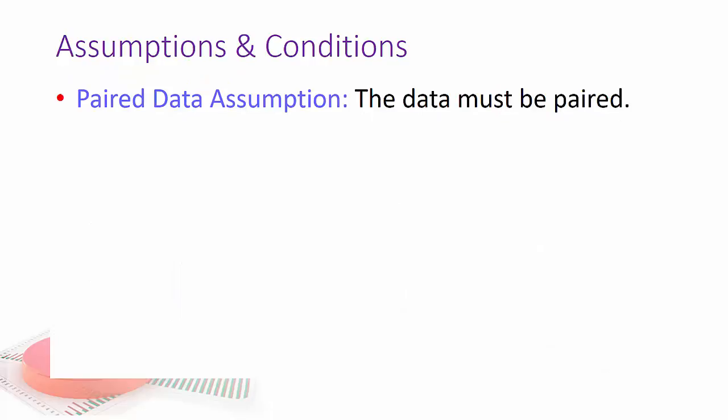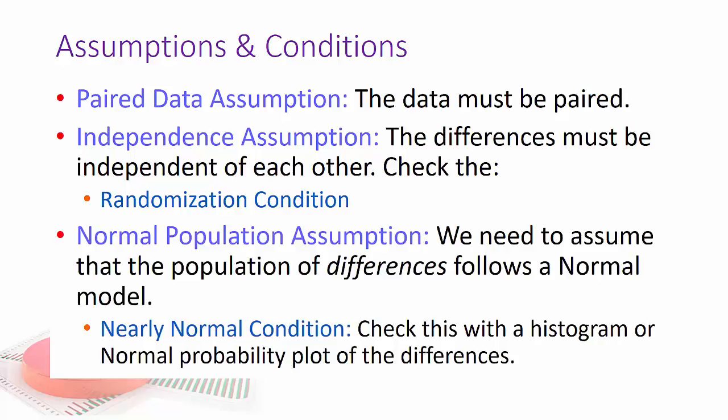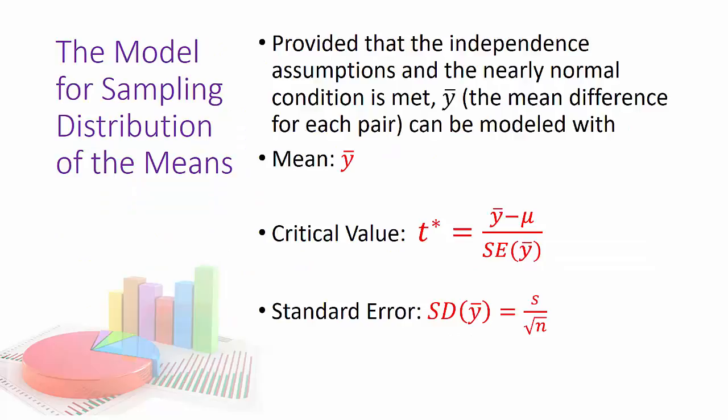All right, we still have pretty much the same assumptions and conditions. Well, the new one is the data must be paired. Independence, well, the data itself is not independent, but the differences should be independent, okay? The nearly normal condition still holds, except instead of looking at a histogram of your two data sets, you're going to look at a histogram of the differences. So let's go ahead.